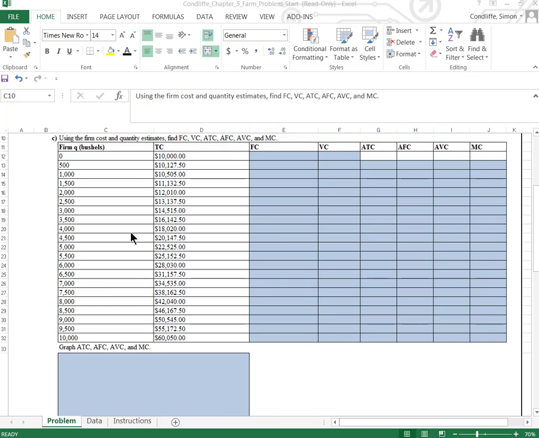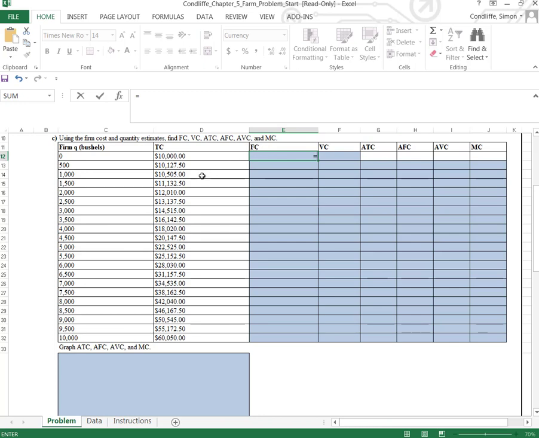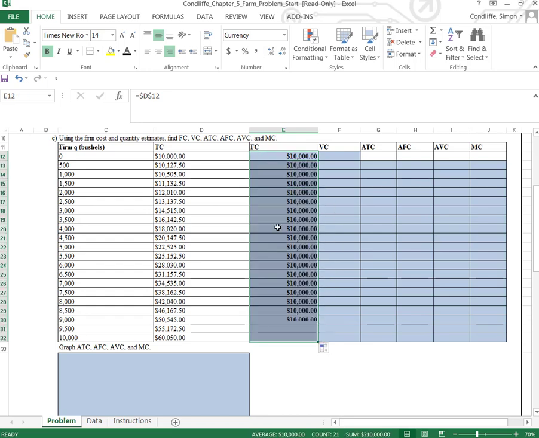For fixed cost, we want an absolute cell reference, and as you may recall from earlier, when the quantity is 0, whatever the total cost is, that would be our fixed cost, because there aren't any variable inputs there. Materials, labor, things like that. So we have an absolute cell reference that this fixed cost is 10 million.